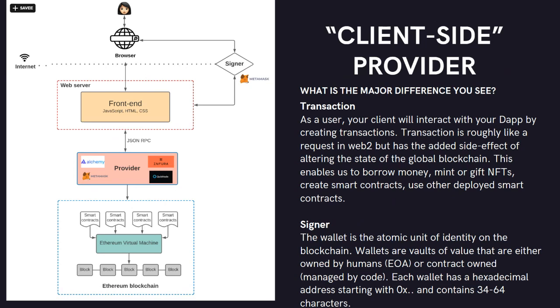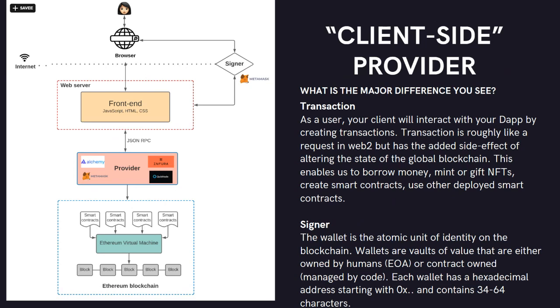And that is what is happening in the Web3 ecosystem as well, because the global blockchain contains a particular state, the state being the history of transactions that have happened so far on the blockchain.